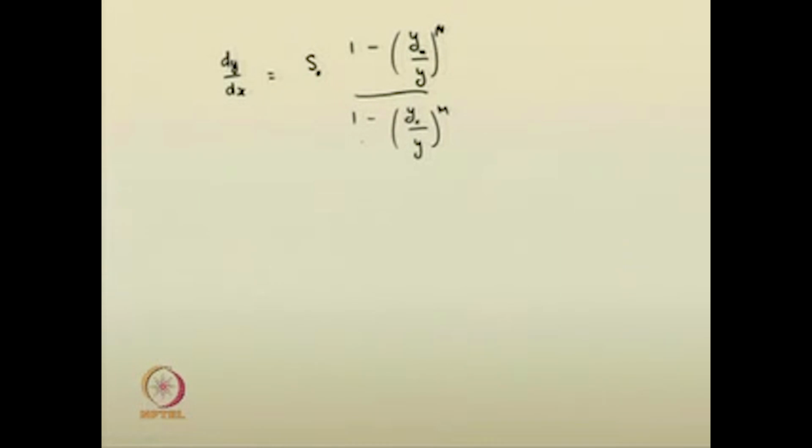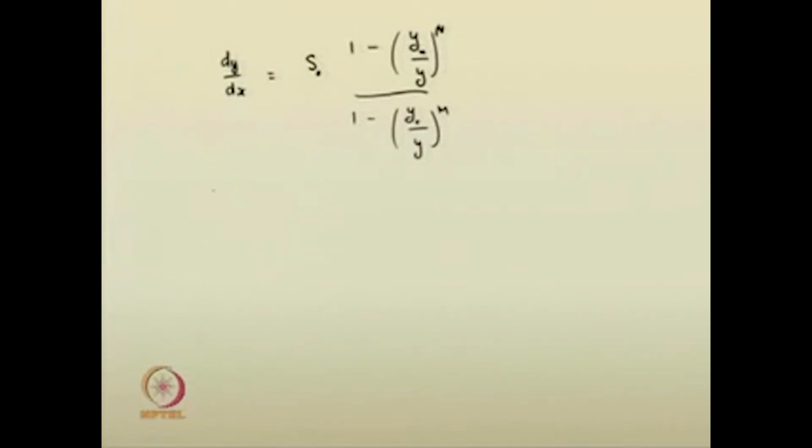I hope you are able to understand that this equation clearly represents a first order differential equation in y, and the terms of y are non-linear. So, it is a non-linear first order differential equation.